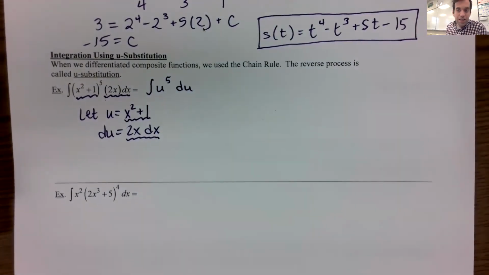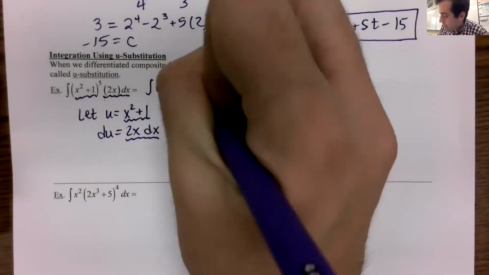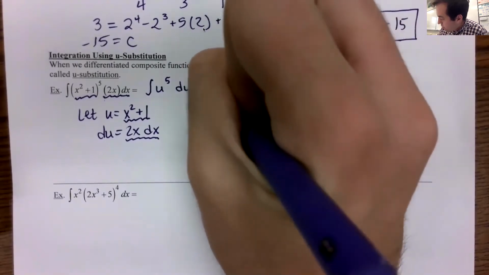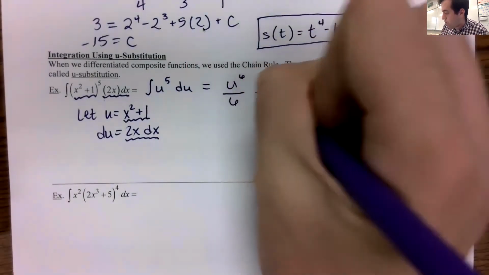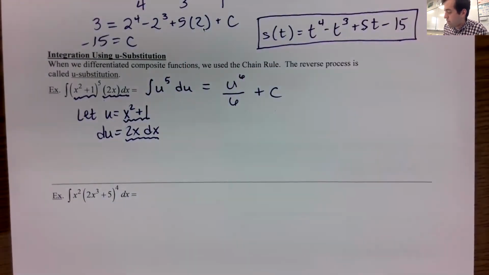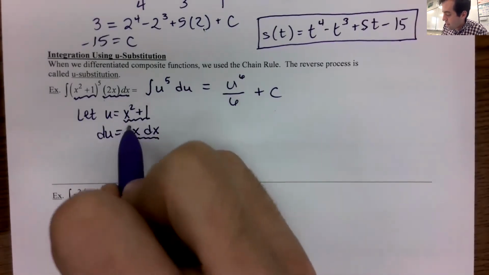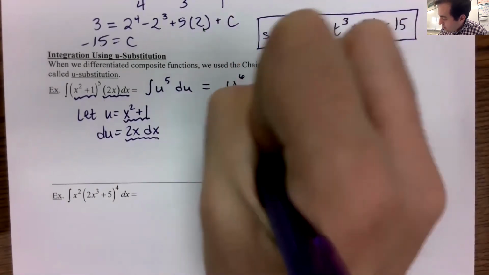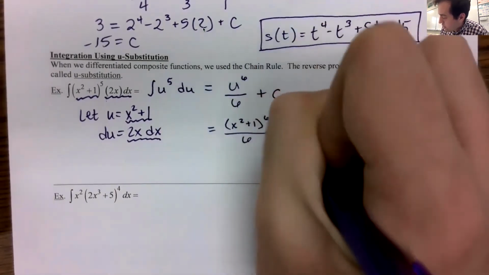So suddenly this became a much simpler integral, right? Because now we can take the integral of that pretty simply. We increase the exponent by 1 and divide by the new exponent. And then we write plus c at the end. And the last step is going to be to replug in the x version. So we know that u is actually x squared plus 1. So this is really x squared plus 1 to the 6th over 6 plus c.